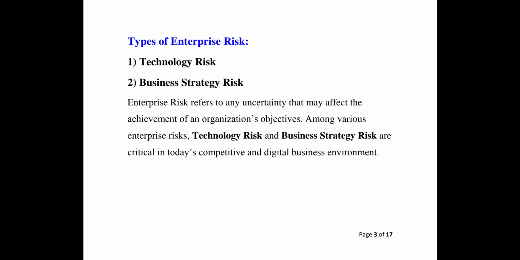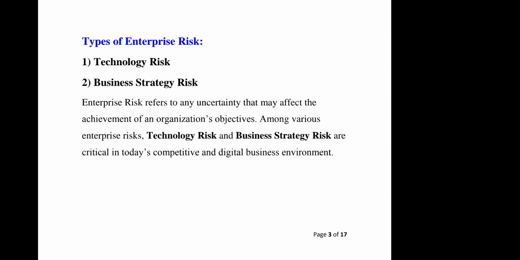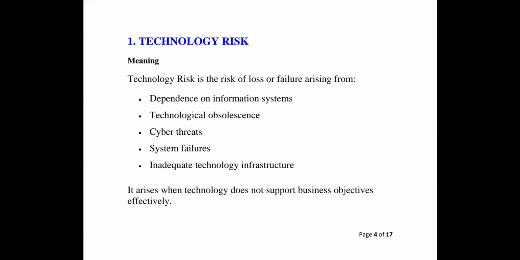Enterprise risk refers to any uncertainty that may affect the achievement of an organization's objectives. Among various enterprise risks, technology risk and business strategy risk are critical in today's competitive and digital business environment. First is technology risk.